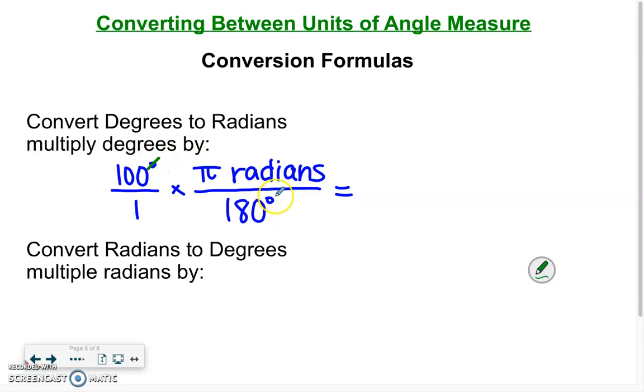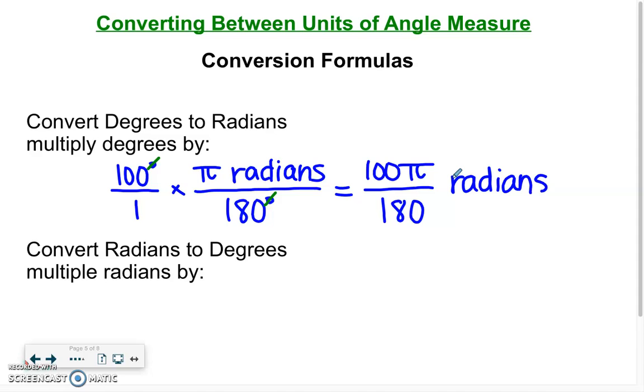So the degree symbol on the top and the degree symbol on the bottom would cancel one another out and would leave you with just a radian measure. Okay, so my answer would be 100 pi over 180 if you just did top times top over bottom times bottom, and that would be in radians because that's the only unit of measure left.